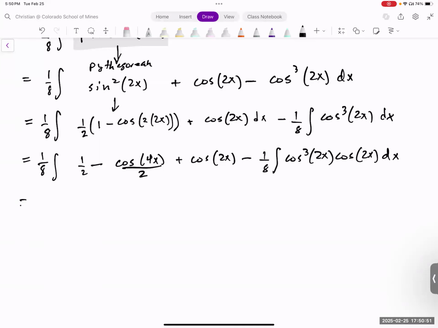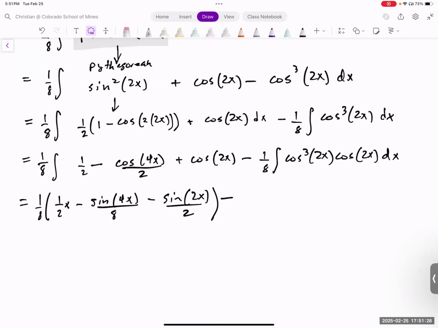All right, let's handle the stuff in front. 1/2 anti-differentiates to a half x minus, we'd have sine of 4x divided by 4 and times the 2 is 8, plus, no, minus sine 2x divided by 2, minus, let's see, all of that.